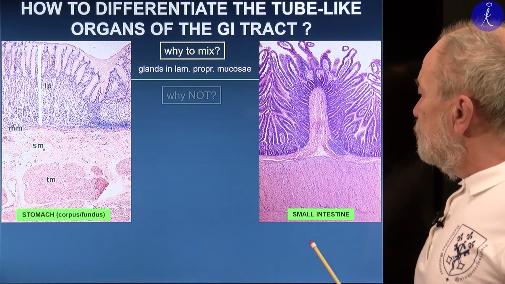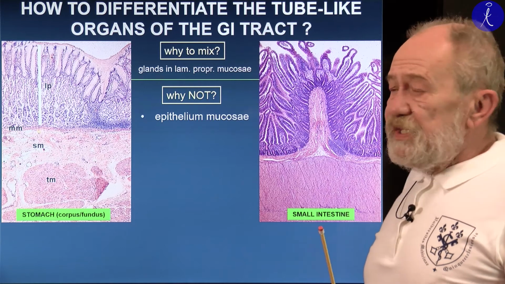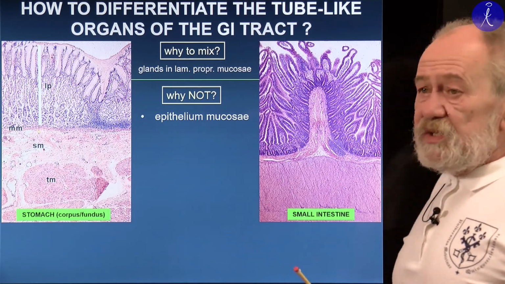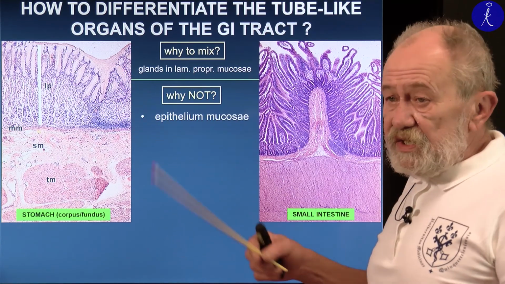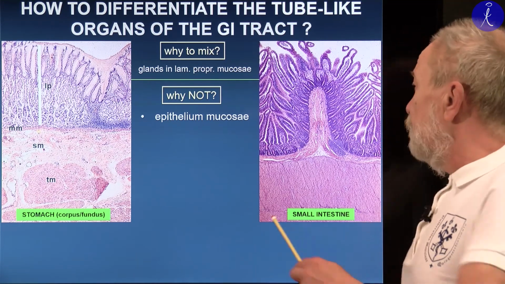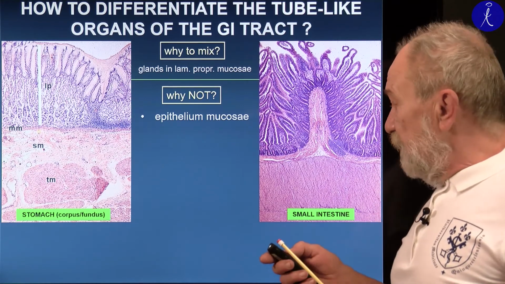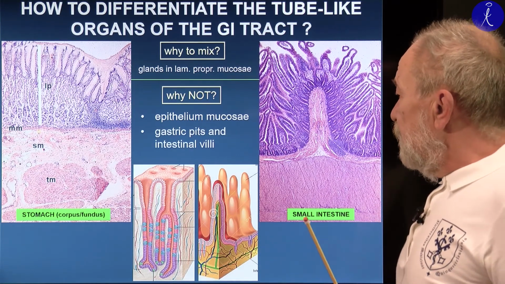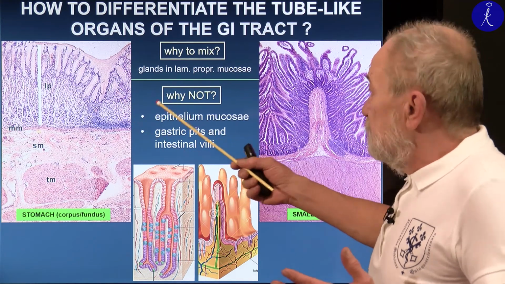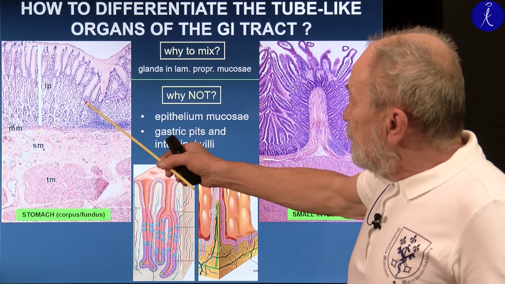But why not to mix them? The epithelium is not the same in the stomach and the small intestine. In the stomach, as you remember, it is simple columnar secretory epithelium, but in the small intestine, it is simple columnar with brush border.